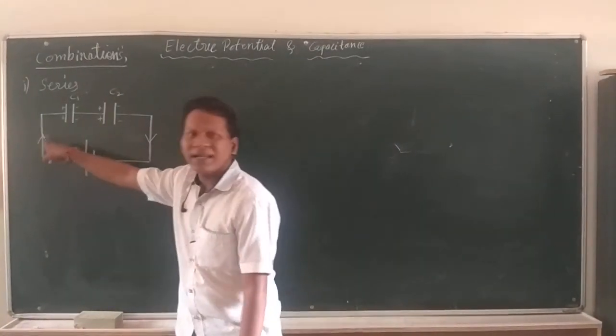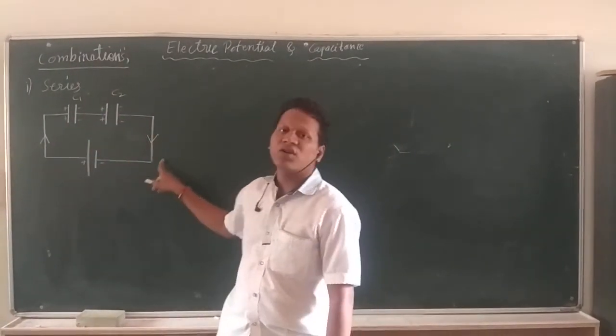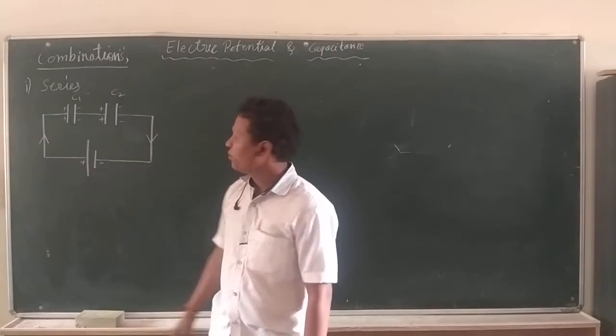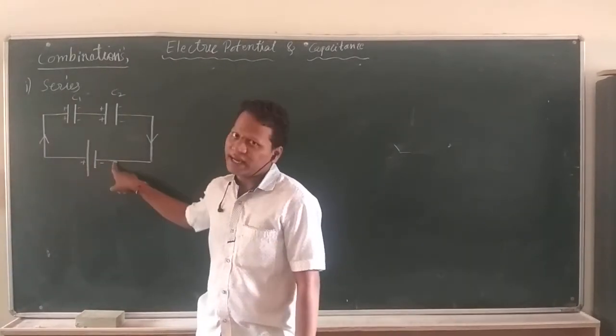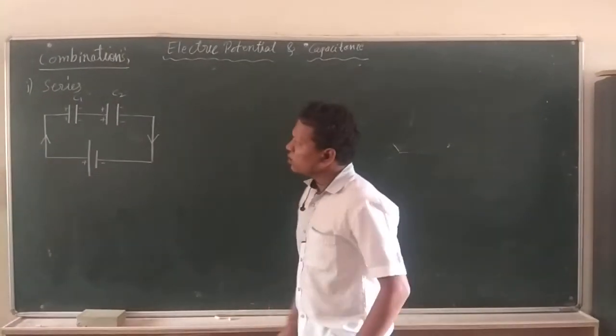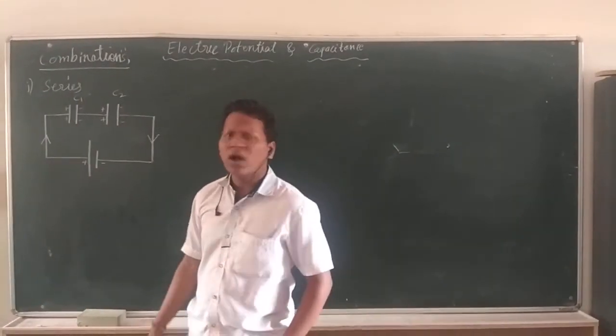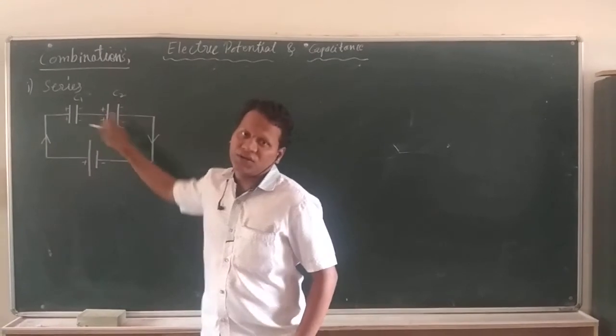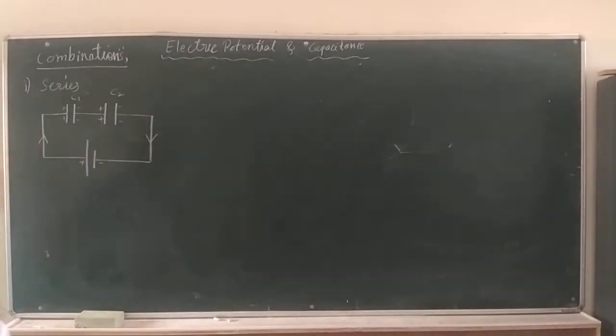These arrow marks indicate the direction of current, which starts at the positive terminal and ends at the negative terminal. A series combination is shortly called an end-to-end connection. How exactly the connection is made, I will tell you.